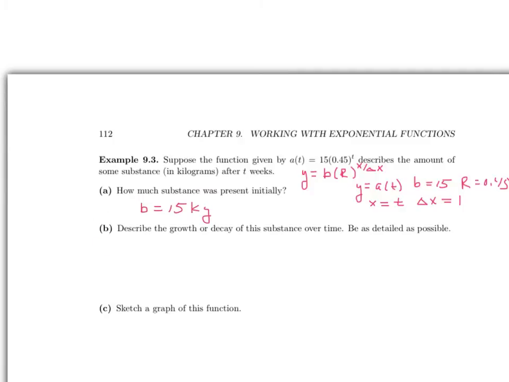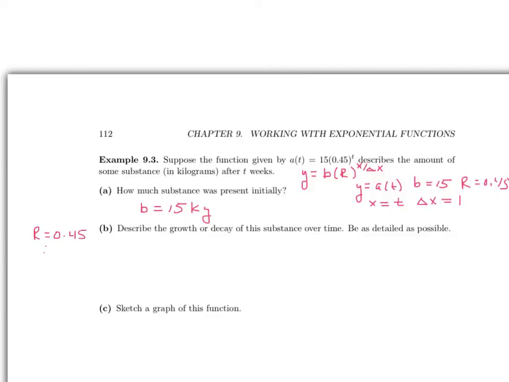Now let's look at part B. Describe the growth or decay of this substance over time. Be as detailed as possible. Well, the growth or decay would be determined by the r value. In this case, r is 0.45.